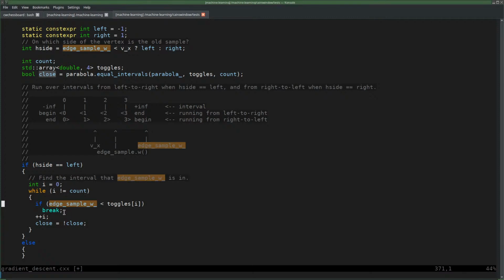So we break out of it. If it is not less than this toggle, then it's on that side. So increment I, and then we are talking about this interval now. Interval 1, and I toggle the close value. And then we continue. And if now it is less than, then well, it's in this interval, so we break, and so on. So this should find the interval in which the edge sample is in.